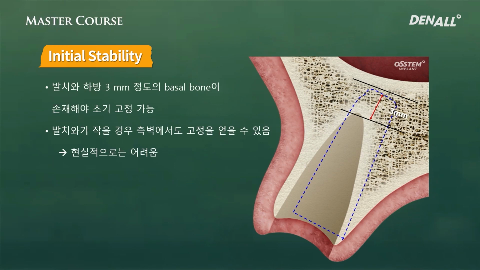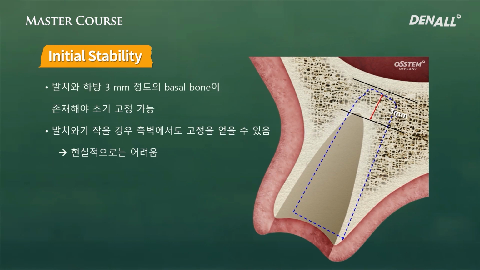In Lazara's paper, 3 millimeter basal bone should be present below the socket, extraction socket. When the socket is small, we can get the initial stability from the lateral wall. In the maxillary anterior, it is very hard to get the primary stability from the lateral wall. So I don't think it is possible to get the initial stability.